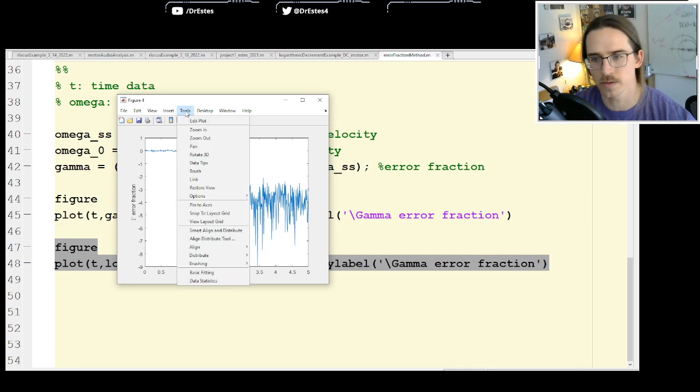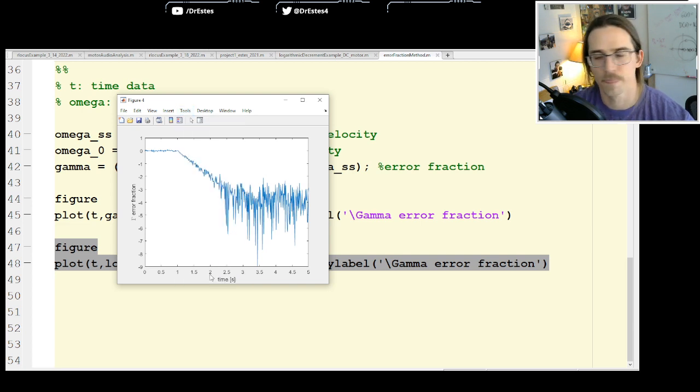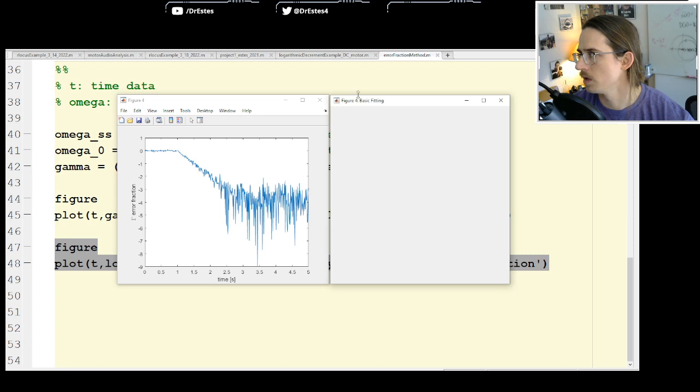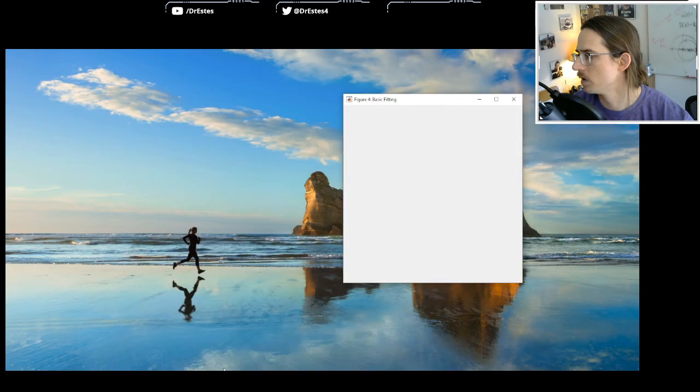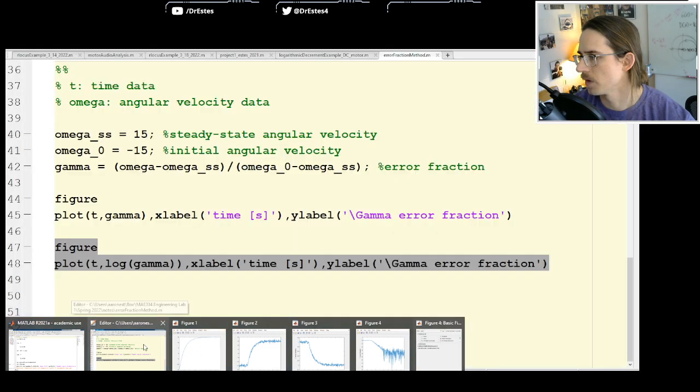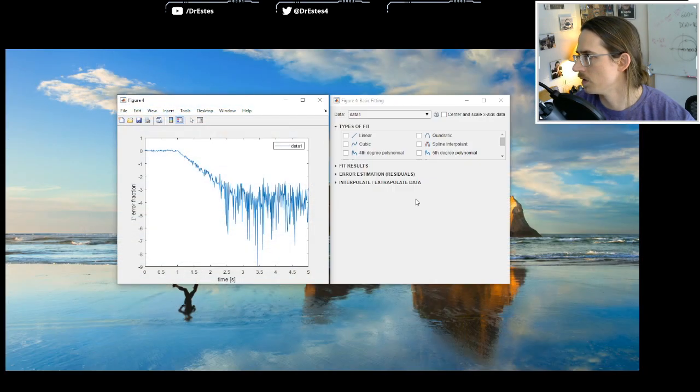This text might look a little small on your screen, but if you go to Tools, if you go to Basic Fitting, it's loading. Okay, there it is. Tools, Basic Fitting. You can do a linear fit.